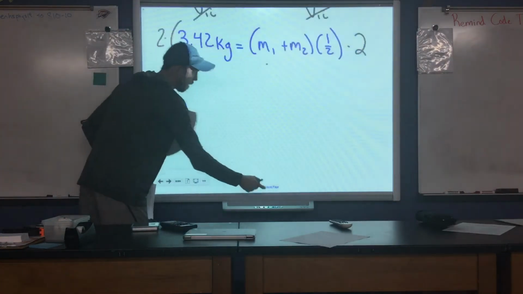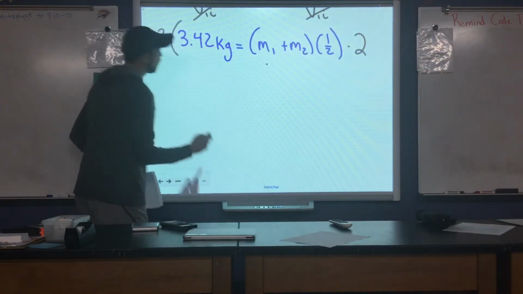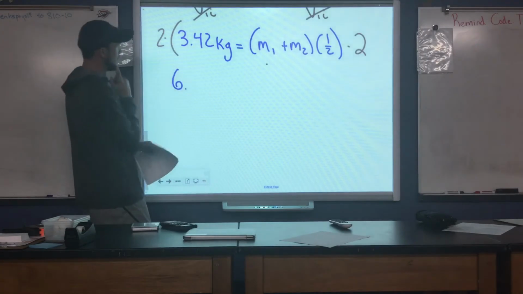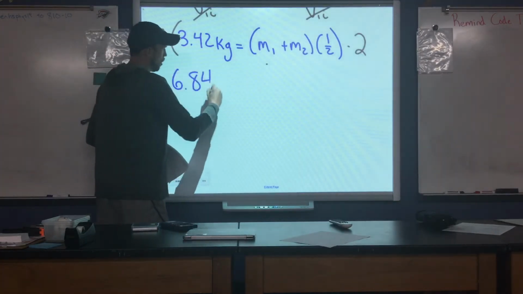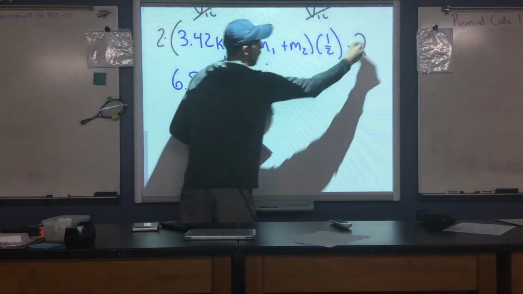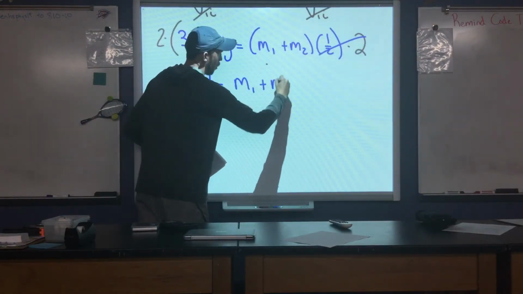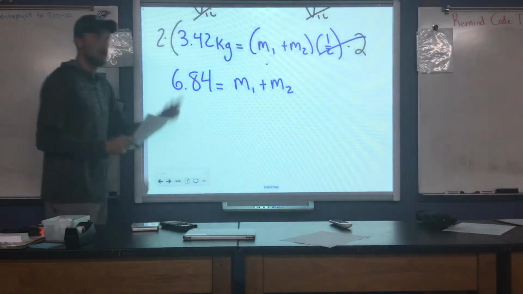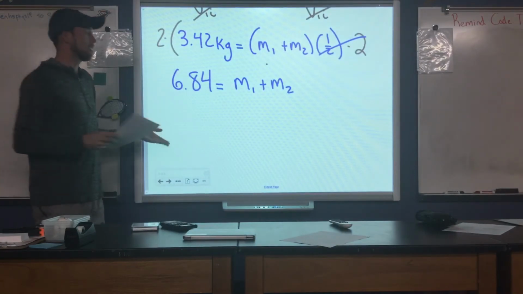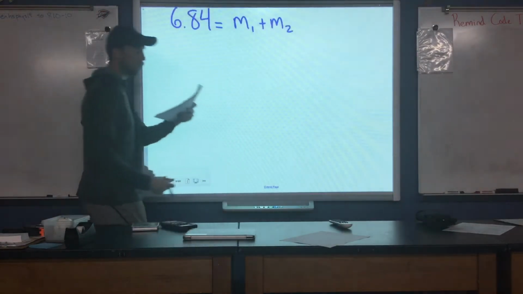So 2 multiplied by 3.42 would give me 6.84. That's equal to 1/2 times 2. Those will cancel out. So then I've got m1 plus m2. Now, we're already told what m1 is. We know m1 is 3.42 kilograms.